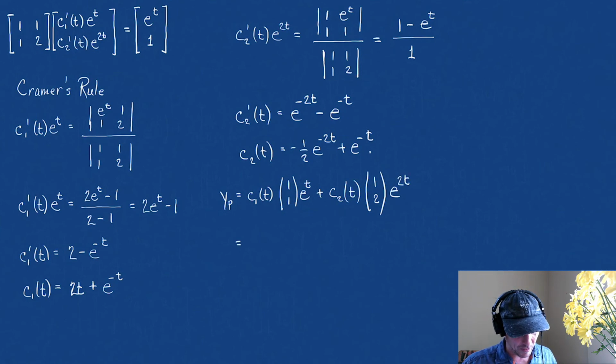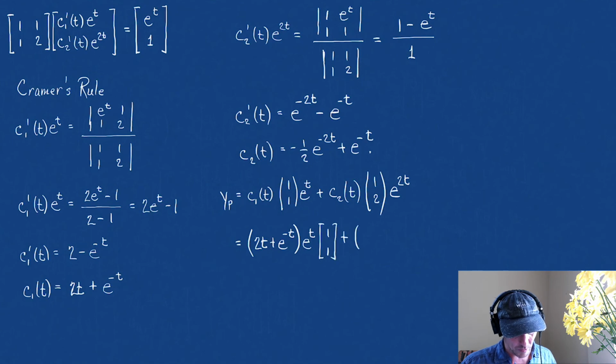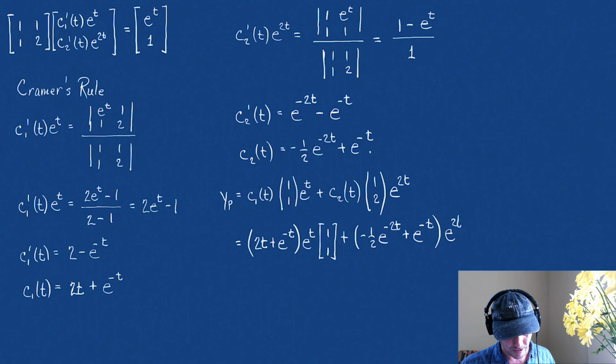So this is going to be c1 of t, which is 2t plus e to the minus t, times e to the t times the eigenvector 1, 1, plus c2, which we learned is minus 1/2 e to the minus 2t plus e to the minus t, times e to the 2t times our eigenvector of 1, 2.